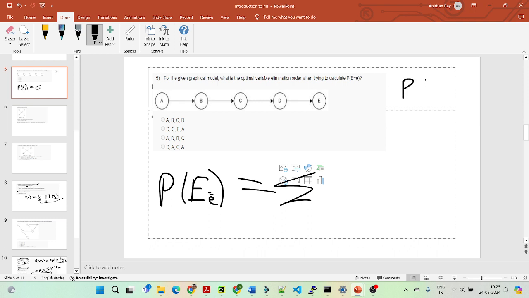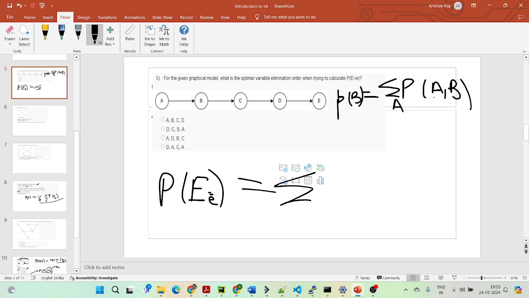Suppose a joint distribution of A and B. If I sum over all values of A of the distribution given, then what I get is P of B. So this is the idea.